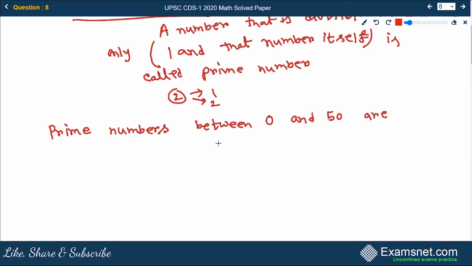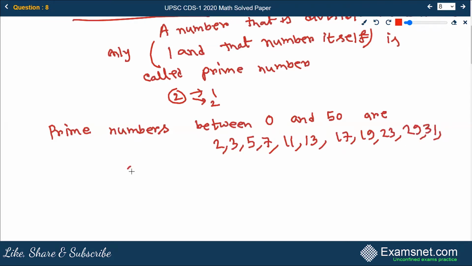So the prime numbers start from 2: 2, 3, 5, 7, 11, 13, 17, 19, 23, 29, 31, 37, 41, 43, 47. These are the prime numbers between 0 to 50.